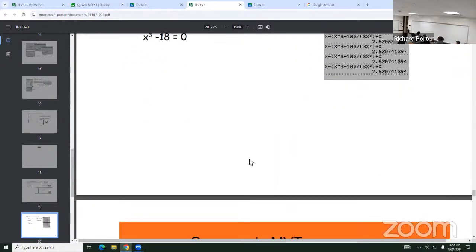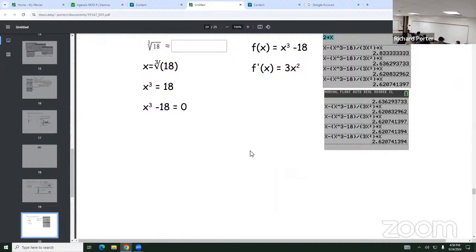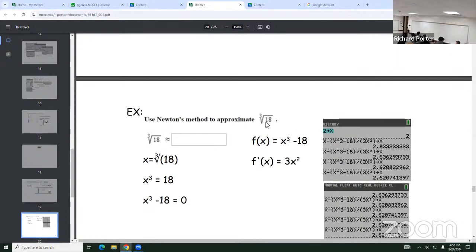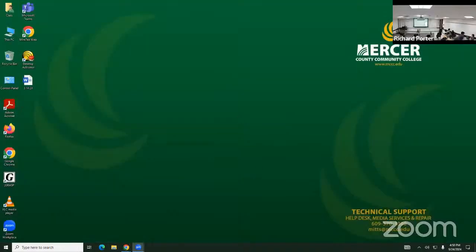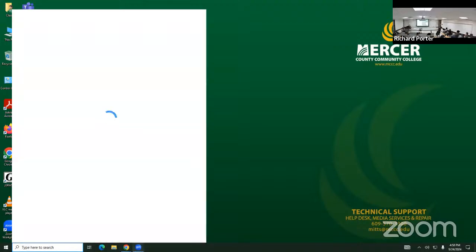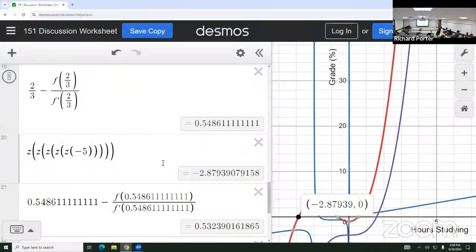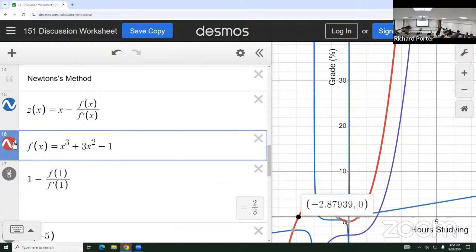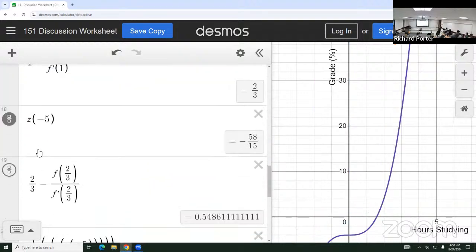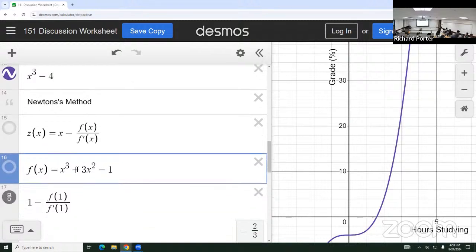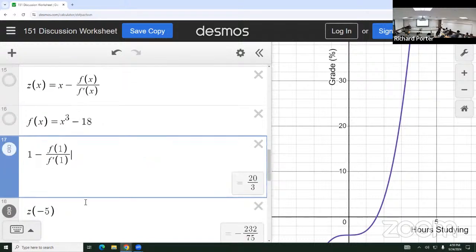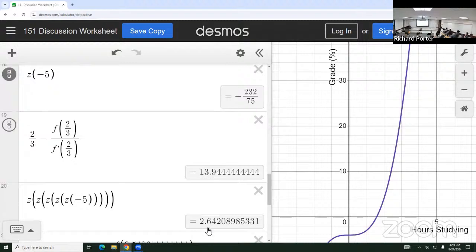Honestly, I'm not going to answer that question, because what would you do instead of that? This cube root of 18. Fine. What's the cube root of 18? Anybody? How would you get it? Okay, so here if I use Newton's method, I get the cube root, x cubed minus 18. Okay? And I can go back to where I have all these z's. It says 2.3, right?